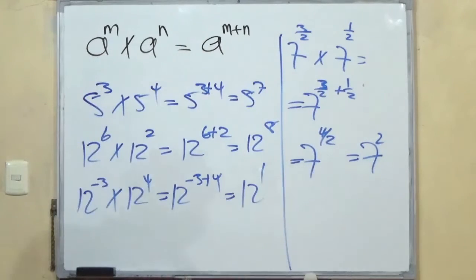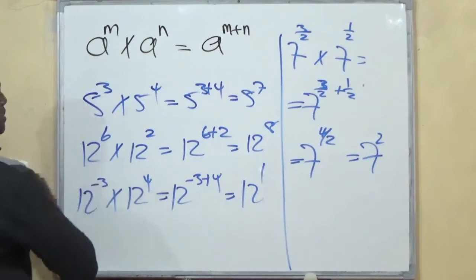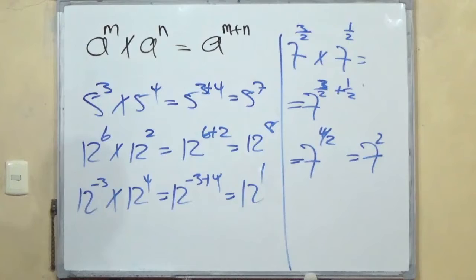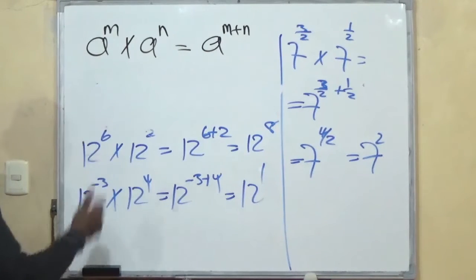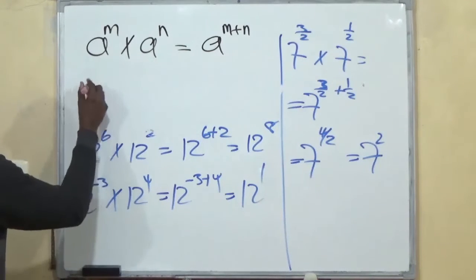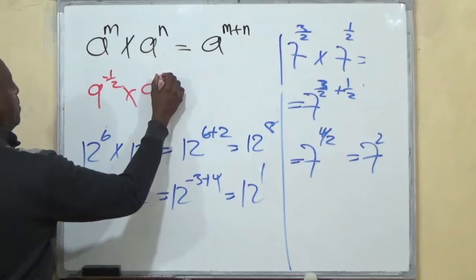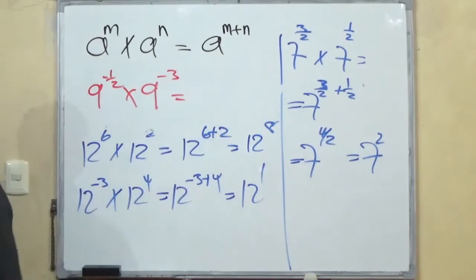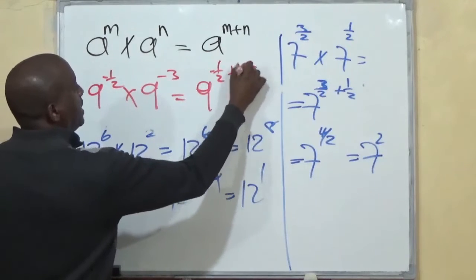What about when we have all negative indices? We could do that too. So let me switch. I have all the examples here. If I have, let me say, 9 to the power of minus a half multiplied by 9 to the power of minus 3, then the answer is 9 to the power of minus a half plus minus 3.